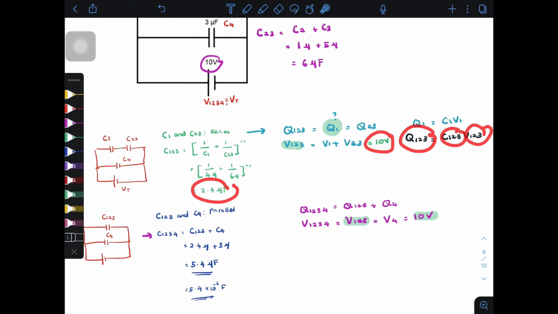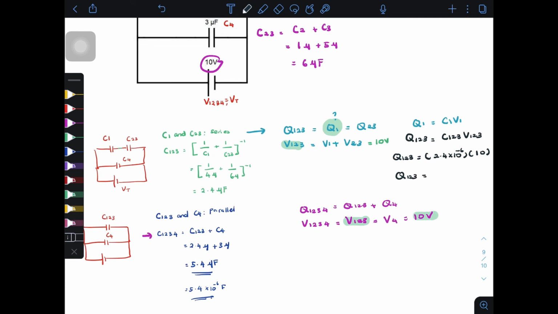So I can find Q123. So Q123 is equals to C123, which is 2.4 exponent negative 6, times dengan V123, which is 10 volts. So I akan dapat Q123 equals to 2.4 exponent negative 5 coulomb.